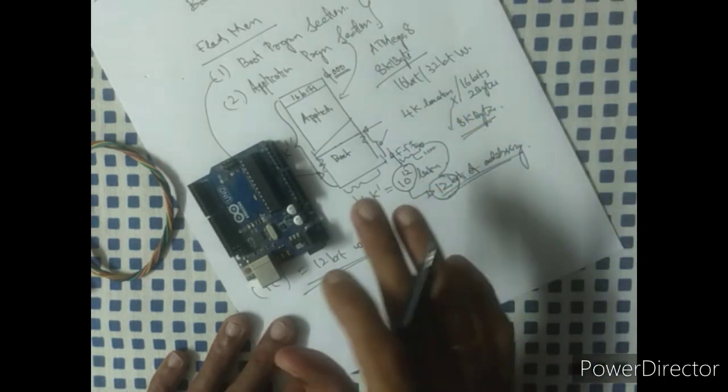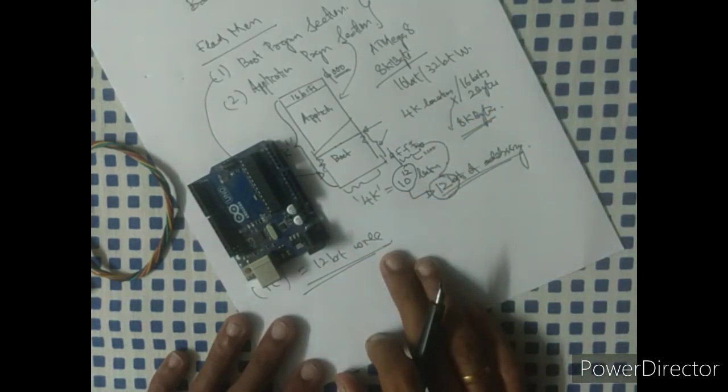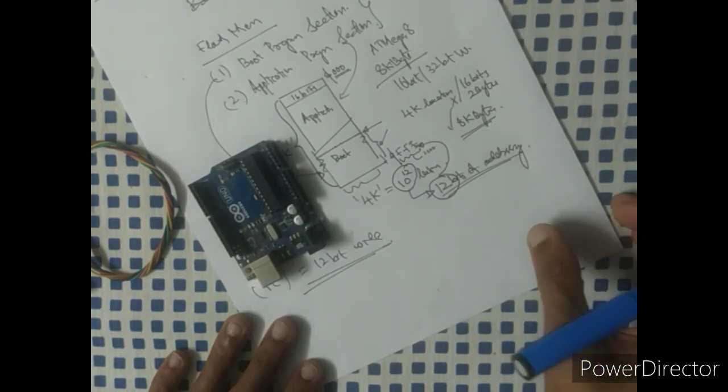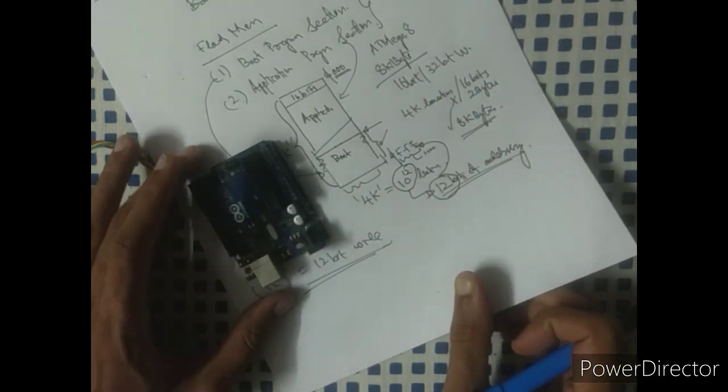Actually, the bootloader supports a read-while-write self-programming mechanism for downloading and uploading program code by the microcontroller itself. This property is used in the Arduino, in all the Arduino boards.